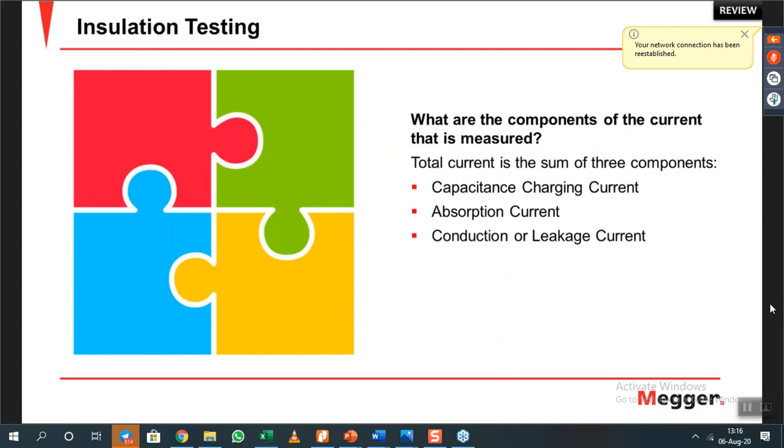Now, let's go to the components of the current that is measured. The total current is the sum of these three components. Number one is the capacitive charging current. This capacitive charging current happens in the first few seconds, so it is very fast, because we treat insulation as a capacitor.